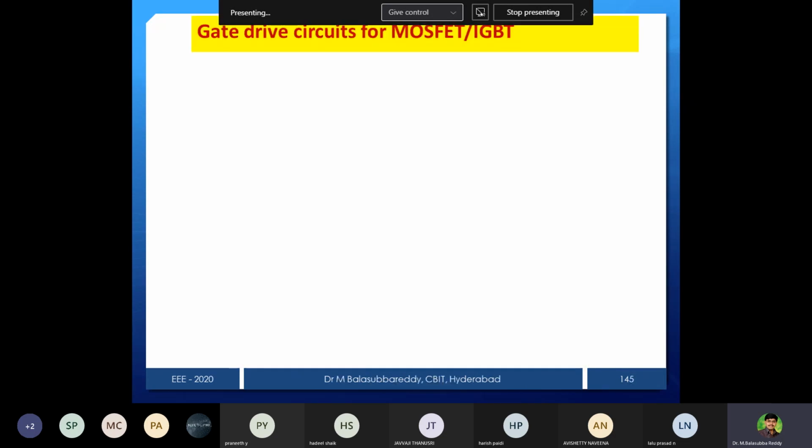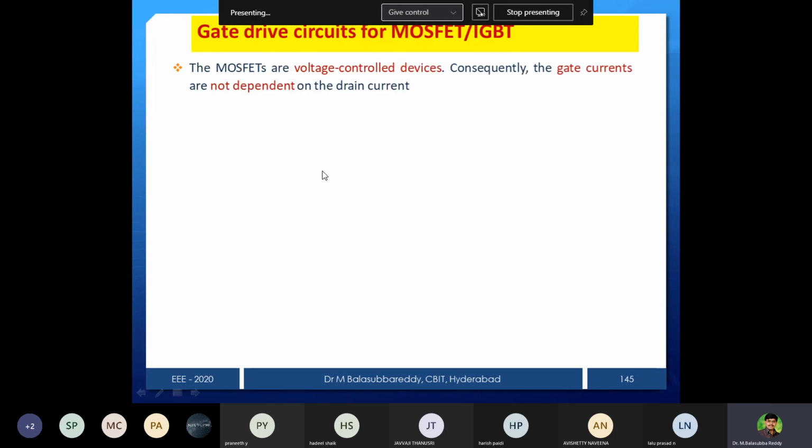And now we'll see the last topic of this unit, gate drive circuits for the MOSFET and IGBT, because here both follow the same phenomena, so we can use the same drive circuit for the MOSFET as well as the IGBT. The MOSFET is a voltage control device, consequently gate currents are not dependent on the drain current. So only to drive it, or to turn it on, we require driver circuits.